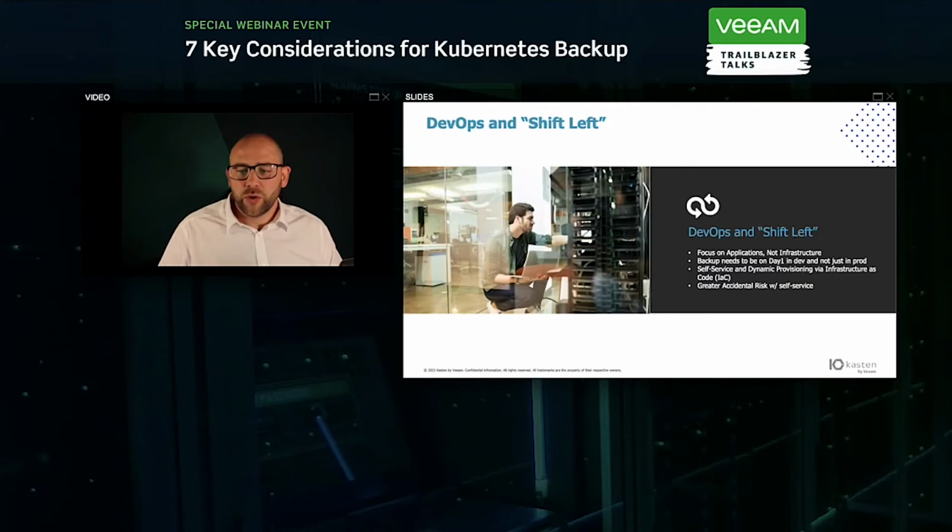And then we also need to think about that DevOps and that shift left by incorporating the Kubernetes API. Yes, we want a UI, and yes, we want to be able to see it in the more traditional manner. And we want to be able to drive a policy-driven approach and create our backup jobs so we can see and visualize what it looks like. And that's fine for the platform ops.